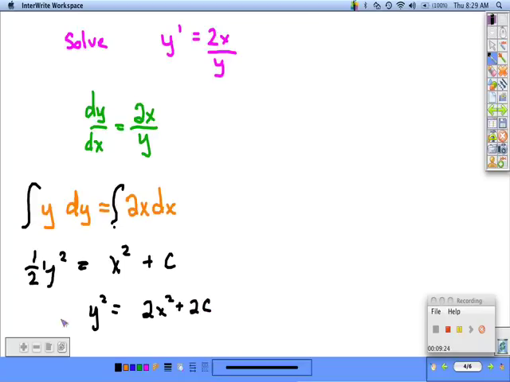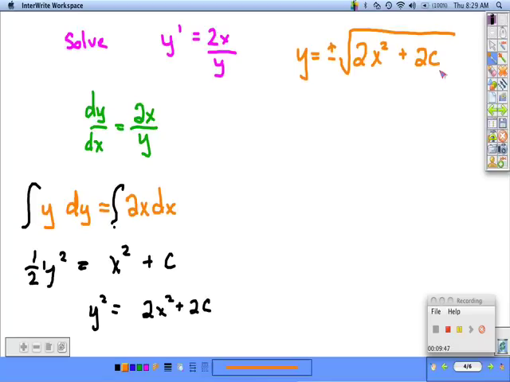And then square root. And I end up with the original differential equation being y equals plus or minus square root of 2x squared plus 2c. So it's 2x squared plus a constant.